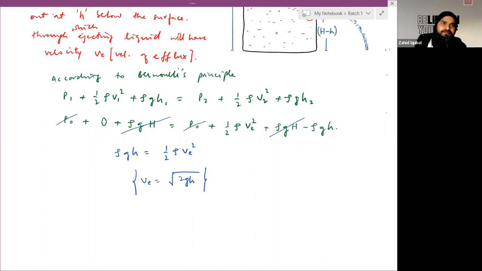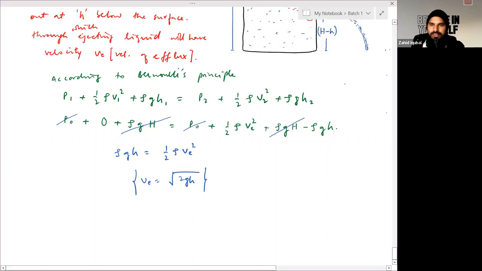Now, what is special about this formula? Let me explain. Suppose you have a body, let's say this, which is dropped from some height. So its initial velocity will be 0.